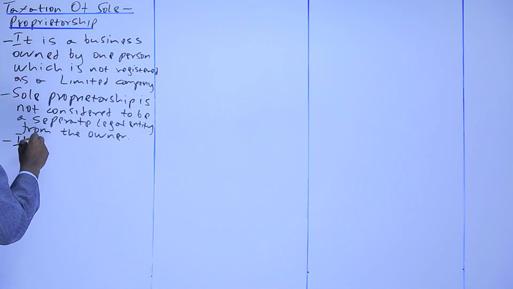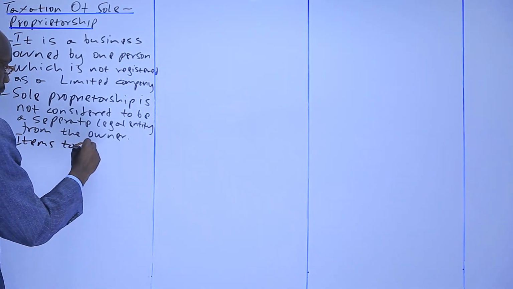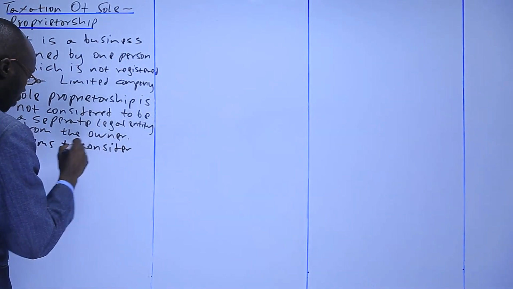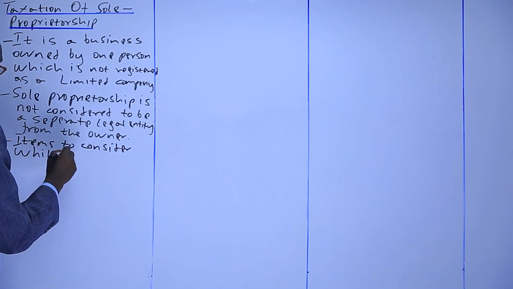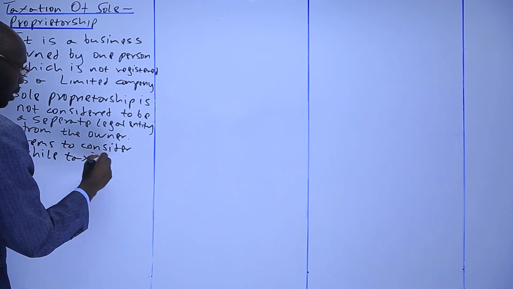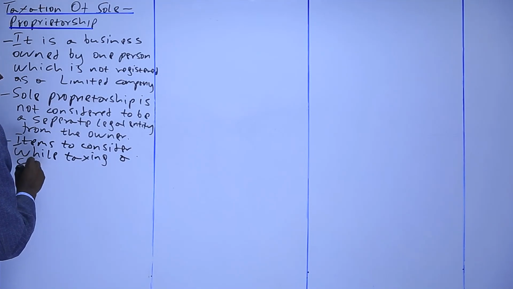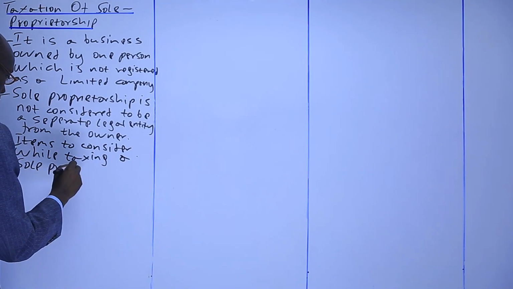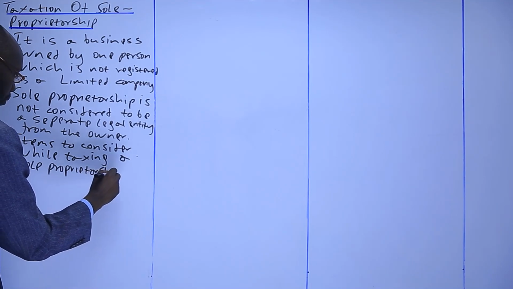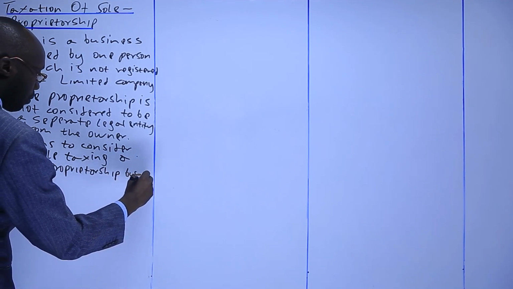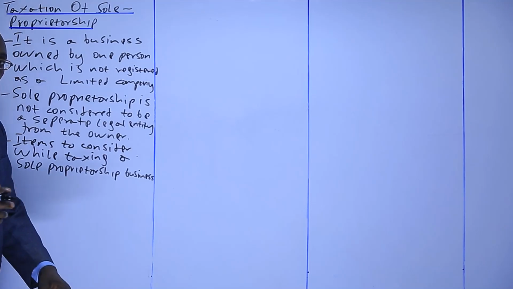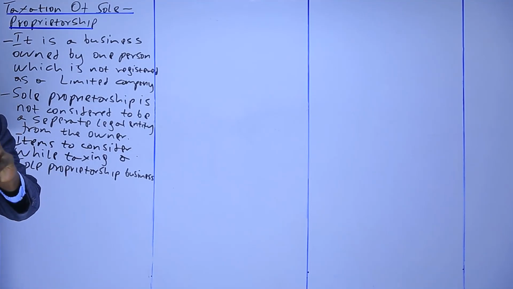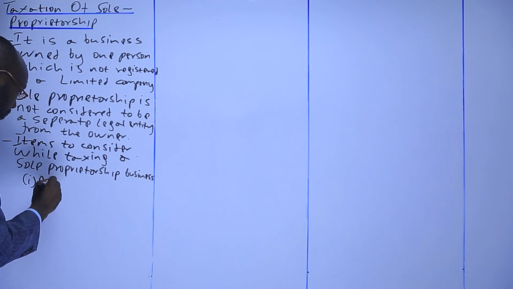Items to consider while taxing a sole proprietorship business. We have only three items that I want you to note. Number one, determination of the taxable income.